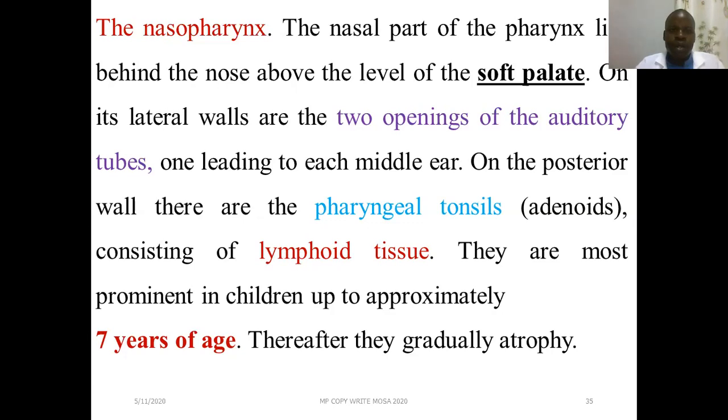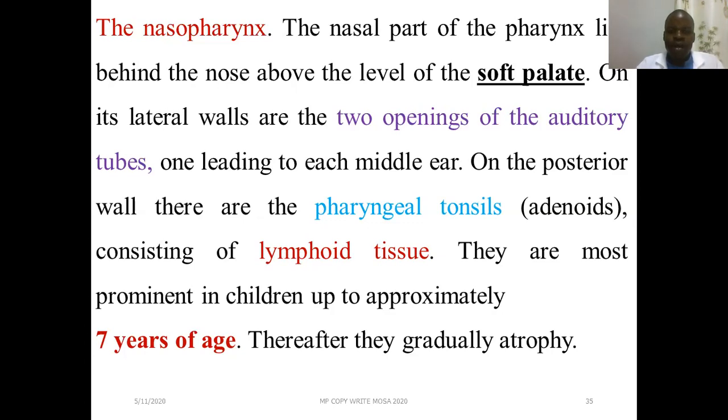So the nasopharynx has 2 openings of the auditory tubes, which lead into the middle ear. Then we've also said that it is associated with the lymphoid tissue. And this lymphoid tissue is very important because it guards the pharynx against infections.